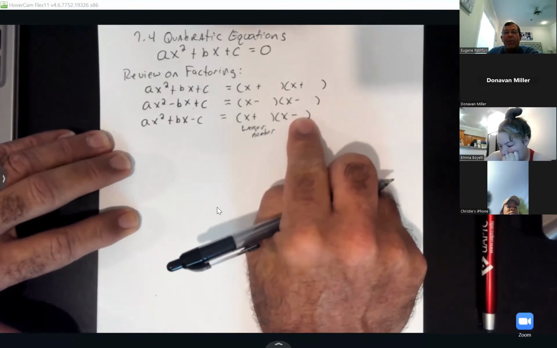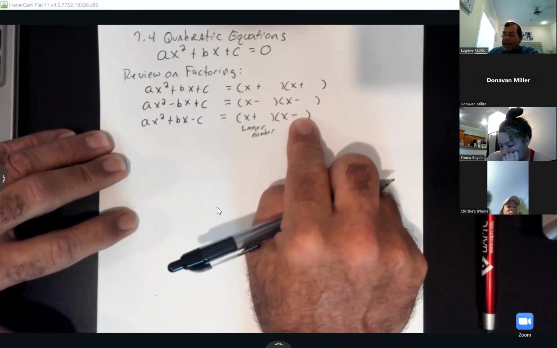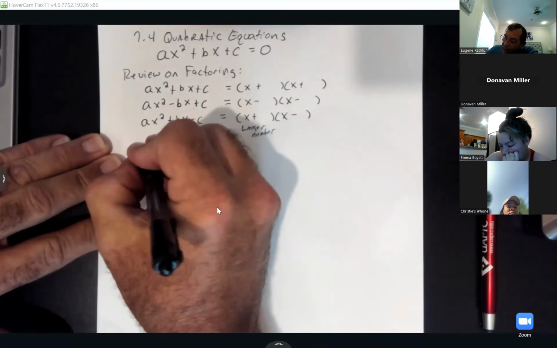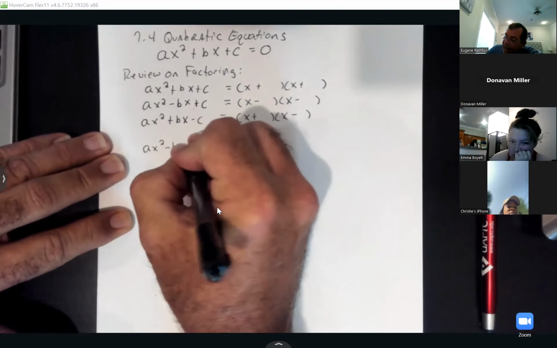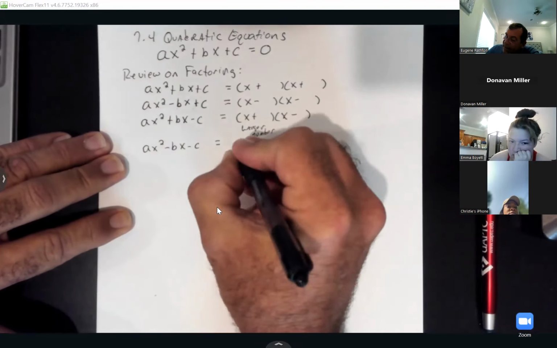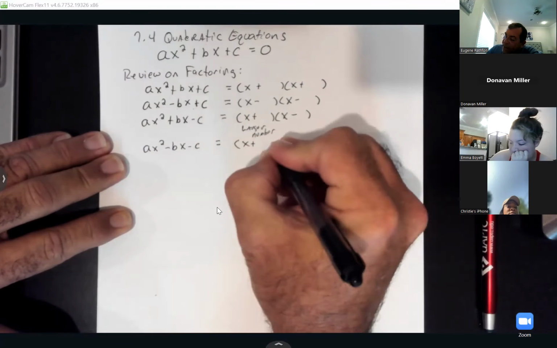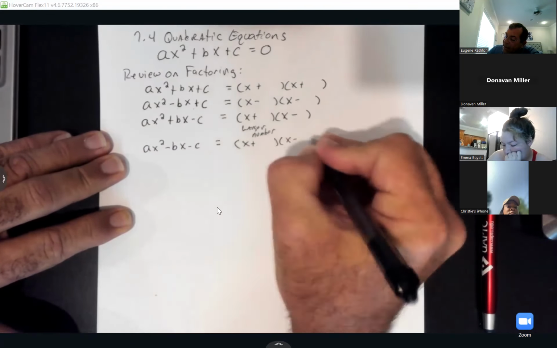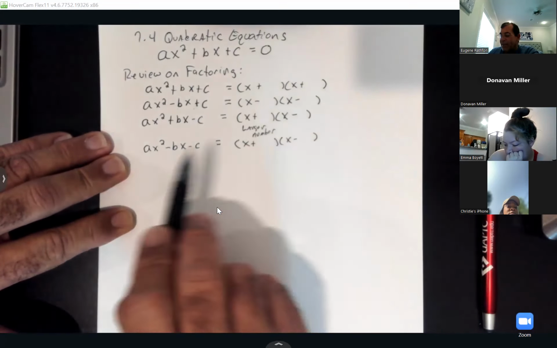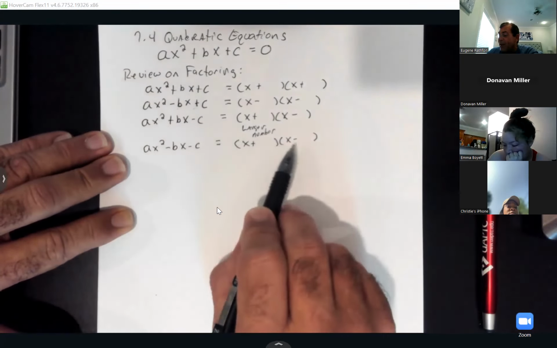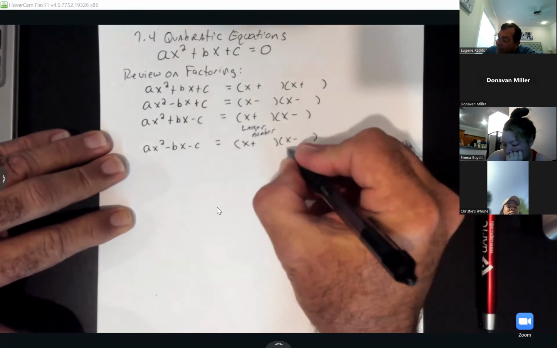And the negative factor will be my smaller number in that case. Now, if both of these numbers are negative, the B and the C, you'll still have unlike signs. One will be positive, one will be negative, except this time, since the B in the middle is negative, my larger number will be negative.